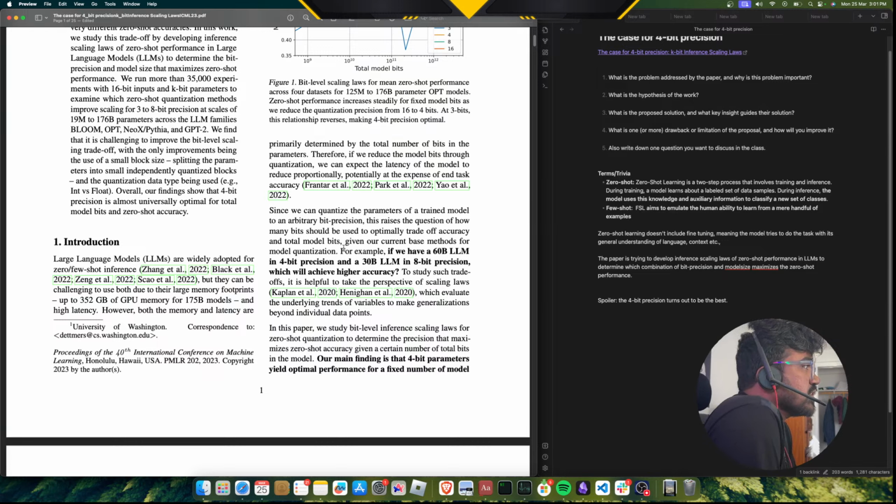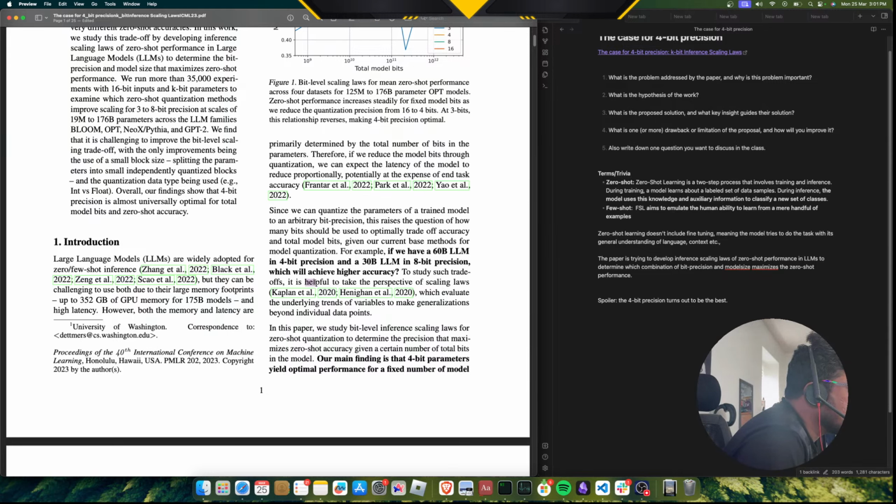To study such trade-offs, it is helpful to take the perspective of scaling laws, which evaluate the underlying trends of variables to make generalizations beyond individual data points.